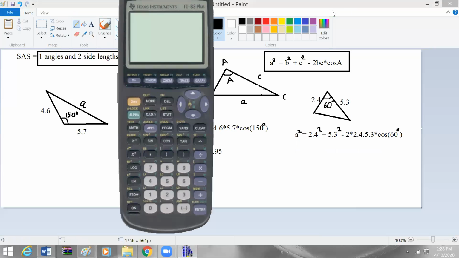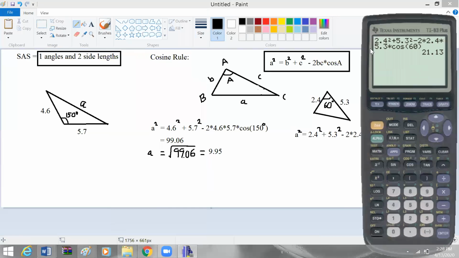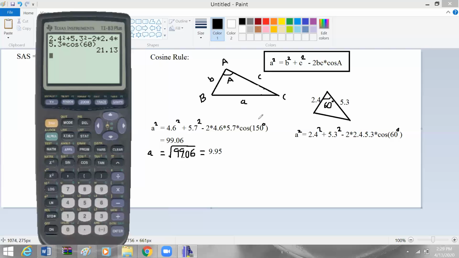So we're going to take 2.4 squared plus 5.3 squared, and minus 2 times 2.4 times 5.3 times cosine of 60. Okay, so the answer for that was 21.13, but this is not a final answer. This is the answer for a squared.